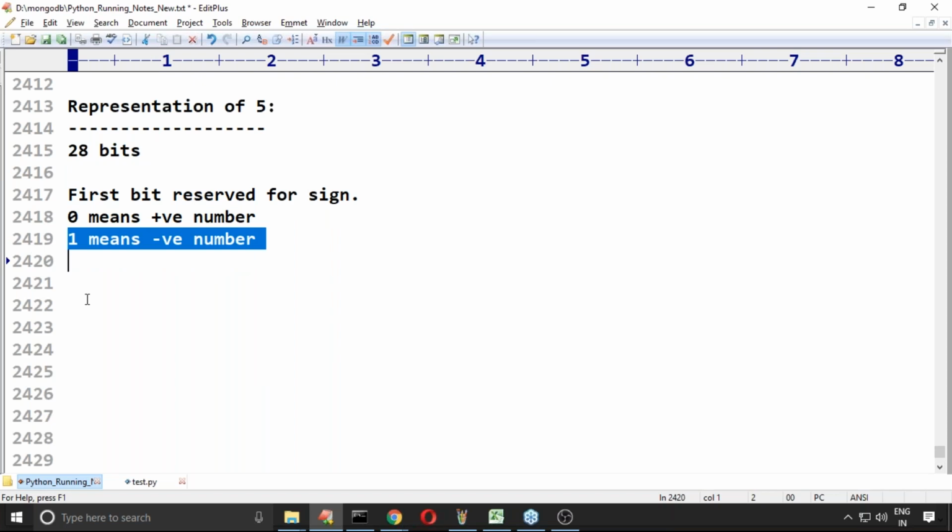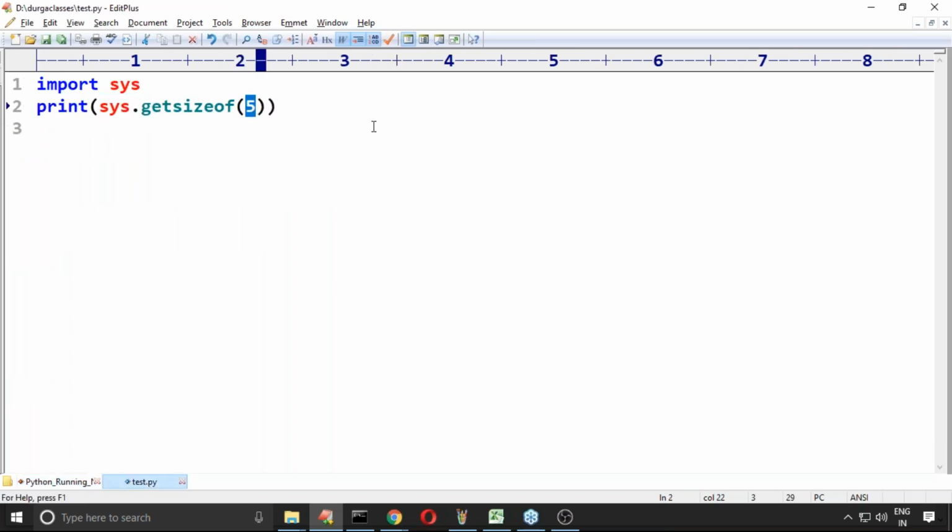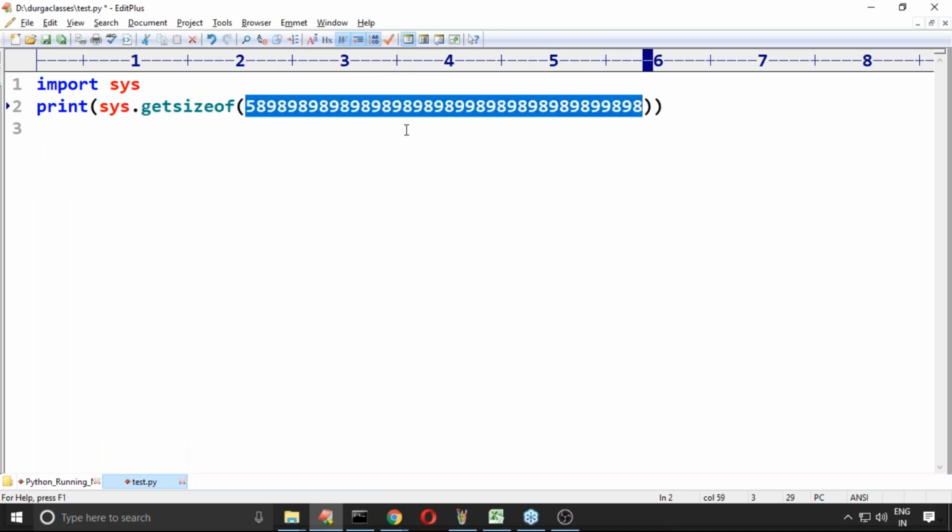Any doubt? Is the size going to be different for all integral values? Yes, Muskan, maybe a chance. If it is 5, how many bits are required? 28 bits are required. Now observe, a big number I'm trying to take. This is the int value.